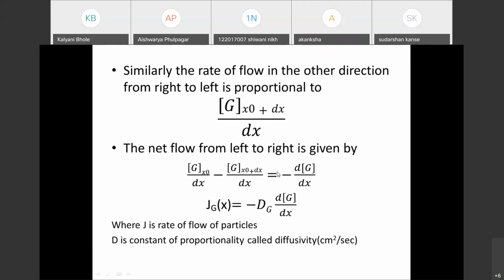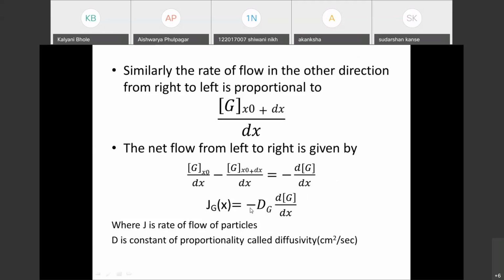From this net flow we can define an equation for the rate of flow of particles. We use J as the symbol for the rate of flow of particles. Why G? Because we are defining this rate of flow of particles for glucose.